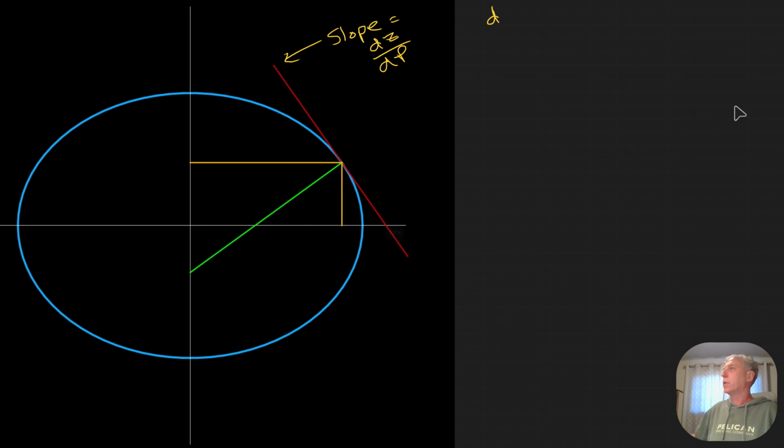There we go. Okay, and we have dz/dp that we derived last time. That was that implicit differentiation that gave us the slope equal to minus p b squared over z a squared. So we have that for the slope of our tangent line to the ellipsoid.